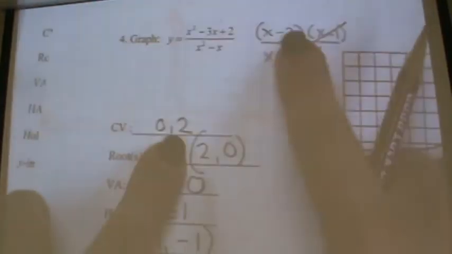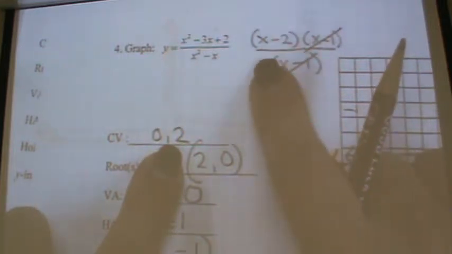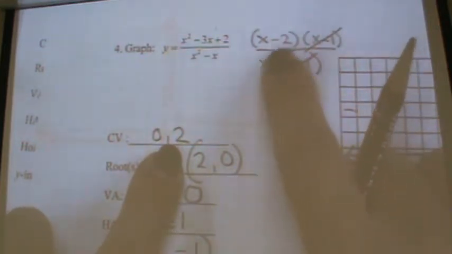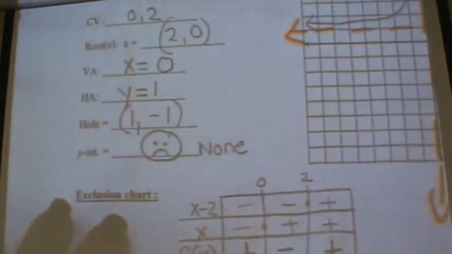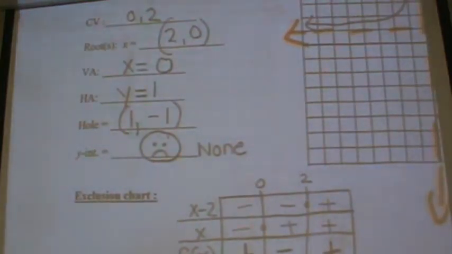I'm really confused on how you get this chart and how you graph it. The chart you make up with your critical values, your zeros and your factors. So I got a 0 at 2, I got a 0 at 0, and these are my factors, x minus 2 and x. I don't know the negatives and the positives.